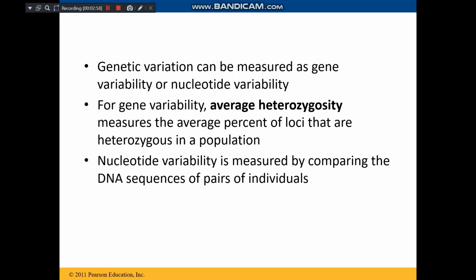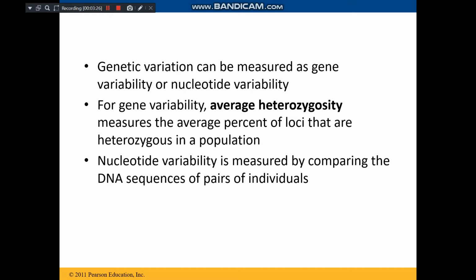And when I talk about the gene variability, in the sense the average heterozygosity, not homozygosity, but heterozygosity, is the measure of the average percent of loci that are heterozygous in a population.